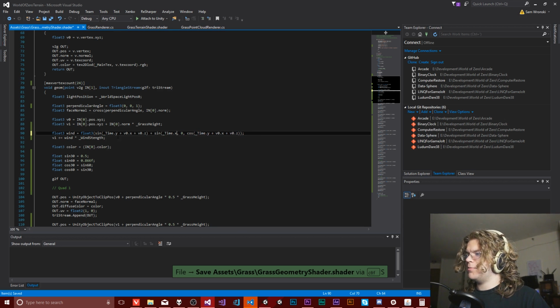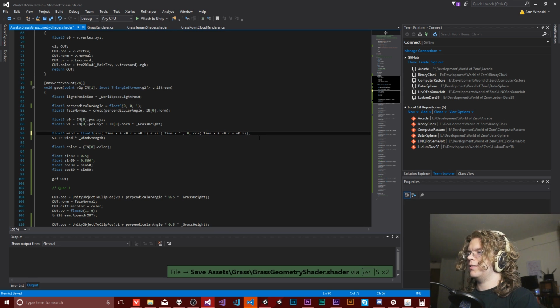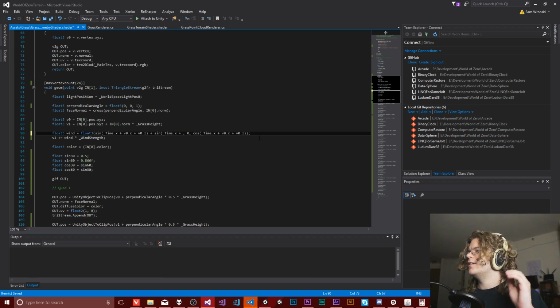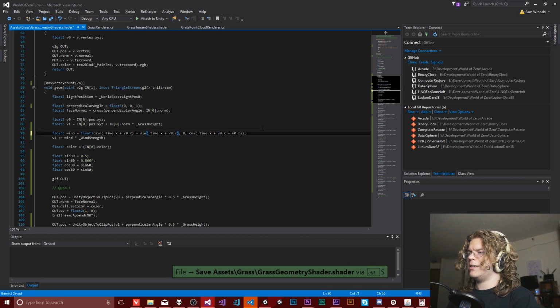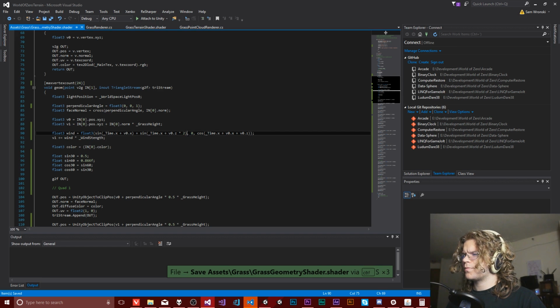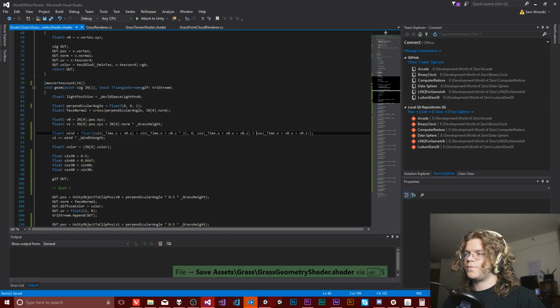So if I do time x, I changed all of these because I was debugging and getting concerned. But anyway, we have v of x and v of z, or the z position and the x position, I guess I could call them. That would make more sense. If I take both of those, let's multiply this by 2, and then do the same thing over here. So what I'm doing is putting one of these on a different period than the other.